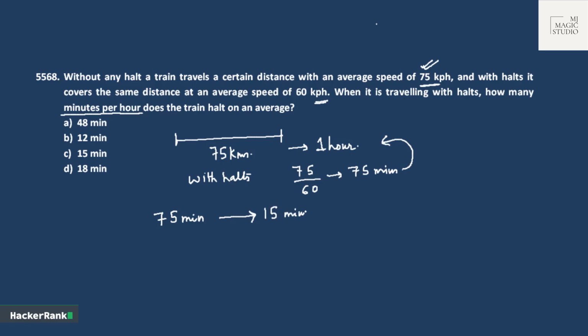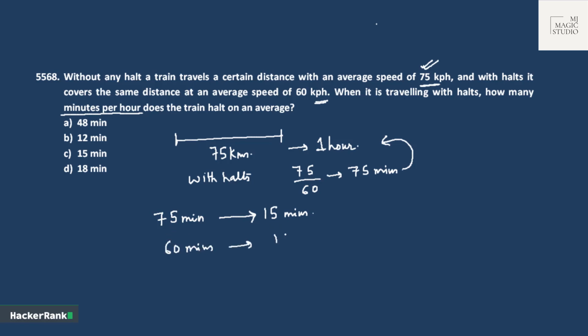That is 15 minutes. In a 75 minutes journey, halt taken is 15 minutes because train is actually running at 75 kph only. It's all because of the halt it is taking more time. So in 75 minutes journey, halt taken is for 15 minutes.